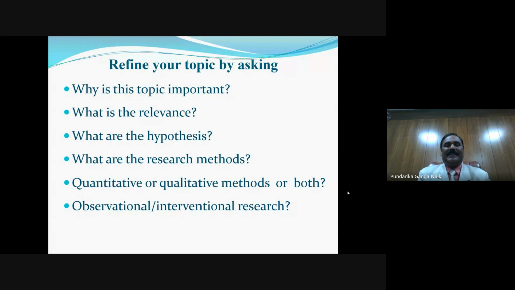And then what are the research methods that you are going to follow, whether quantitative or qualitative methods or both? When it comes to quantitative methods, all of you may be aware that it is some sort of information that you obtain through publications and documents, and you can analyze those documents and the details which are available in the literature, in the reports, in the compendium, and you can come out with your own way of presenting the data or formulating the method through quantitative analysis.